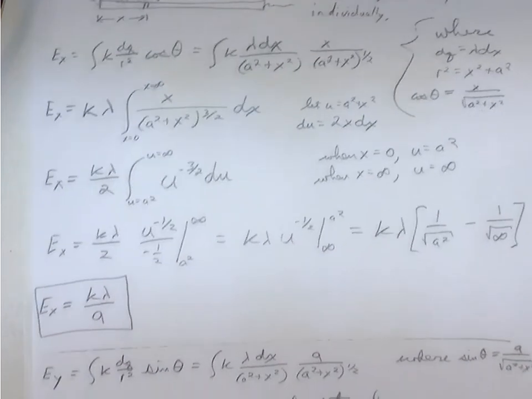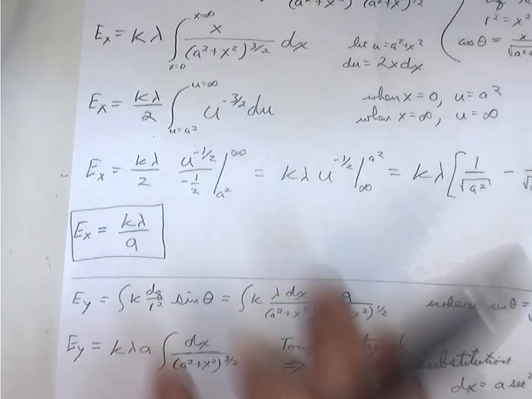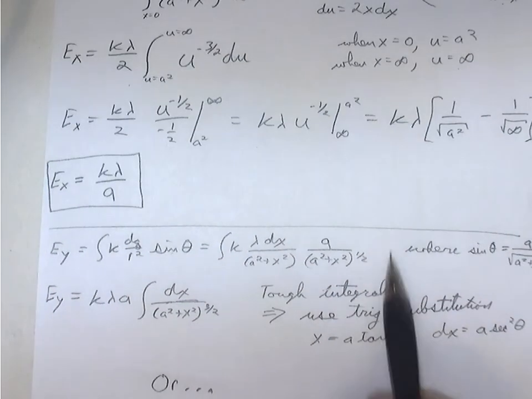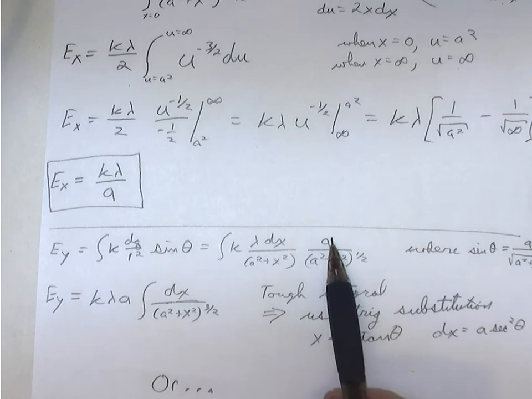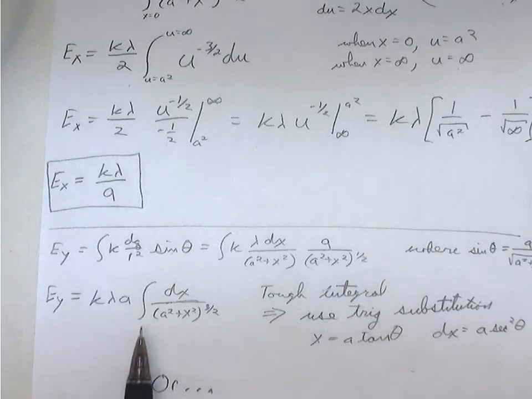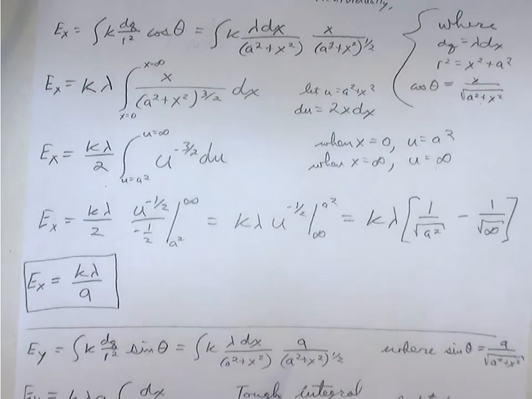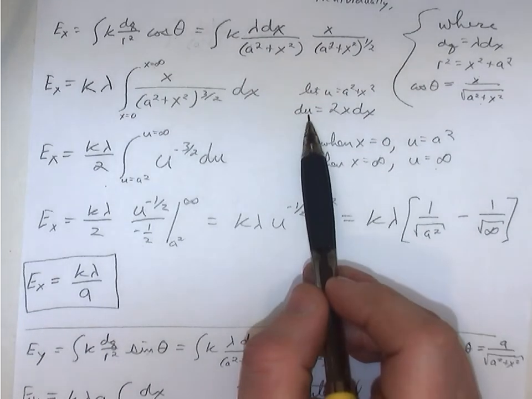To find the y component, you do the exact same thing, except that you plug in sine of theta. That really makes things more complicated, because sine of theta is opposite over hypotenuse, which is a over a squared plus x squared to the 1/2. And now we have this integral that's not as nice anymore because I don't have the x in the numerator. It's hard to get dx in terms of du now.